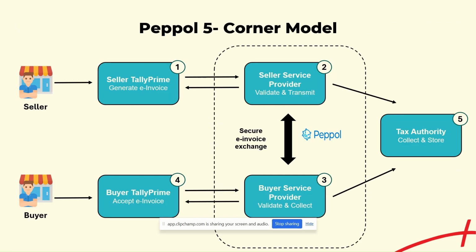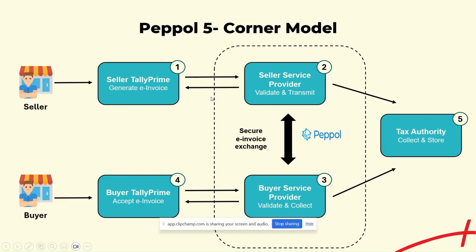So this is the five-corner model. In my previous slides, I said I would explain it in the next slide. In a simple way, assume this is our part, where we generate an invoice and send it to our ASP.